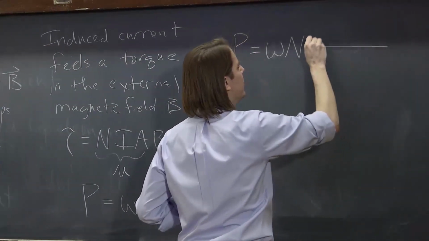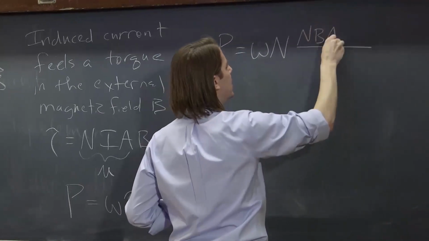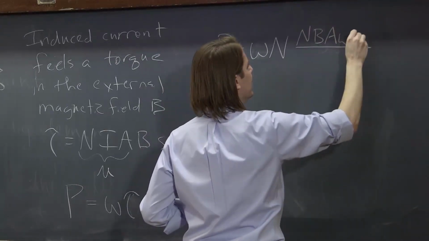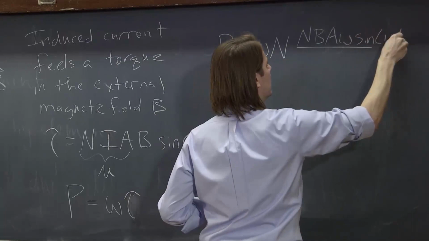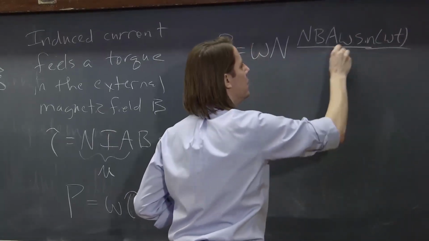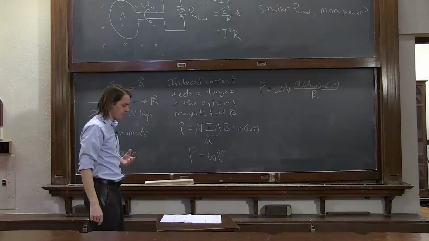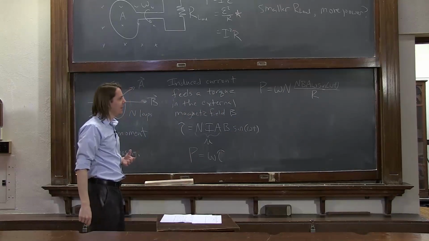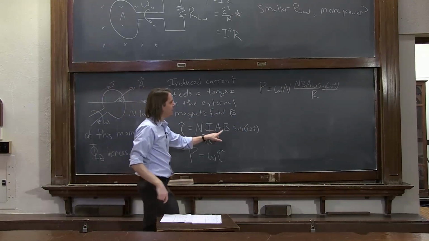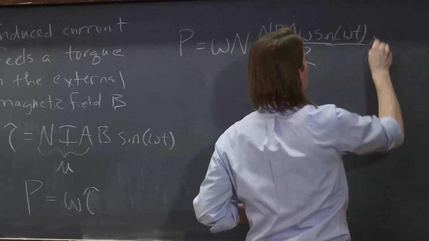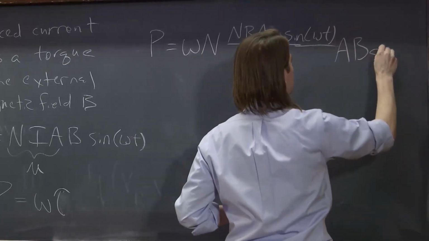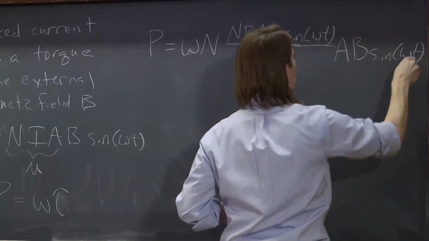The EMF was N B A omega sine omega t. That EMF divided by the resistance R would be the current that you're going to have at any moment. And that's just I. Now we need A B sine omega t.